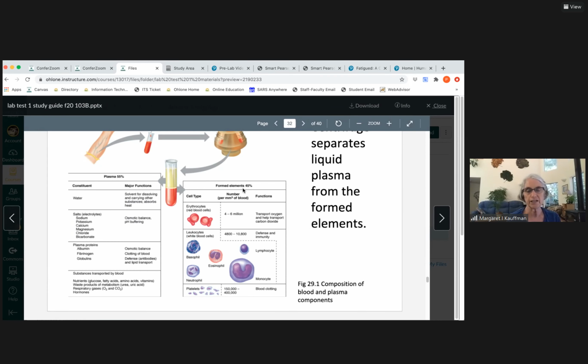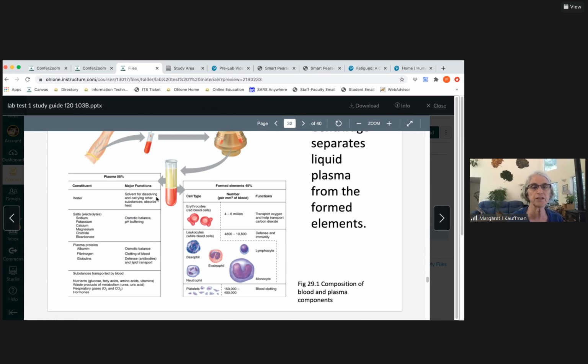Men have higher hematocrits because not only does the bone marrow listen to erythropoietin, but it listens to testosterone. And testosterone tends to mean that in men, the hematocrit is a few percentage points higher than it is in women.